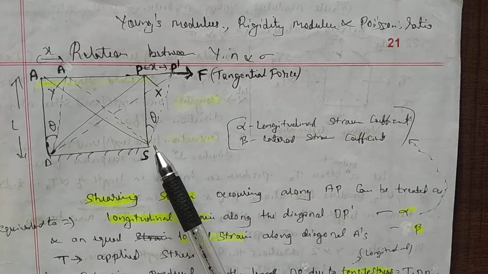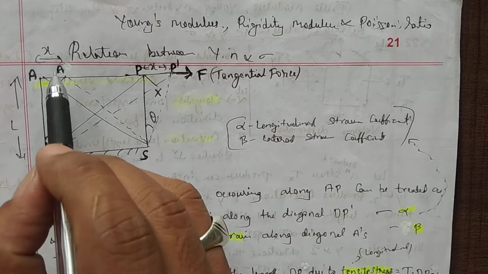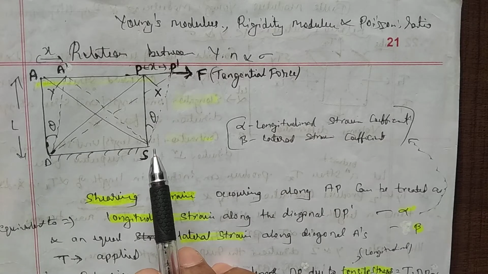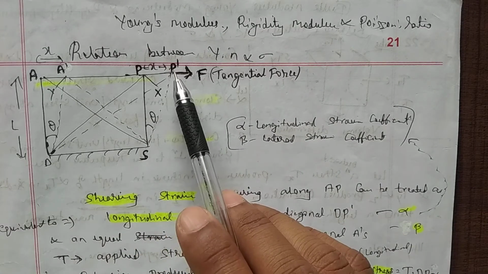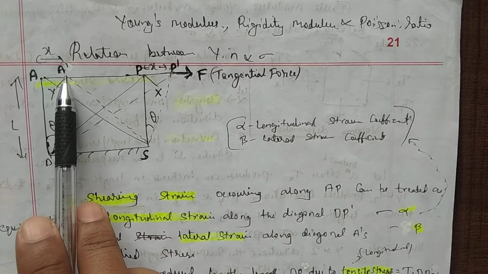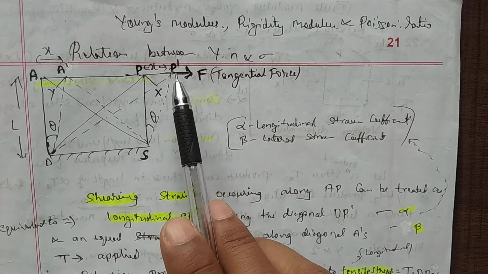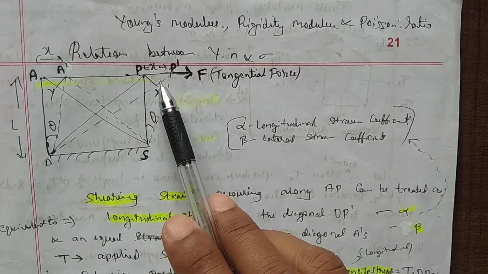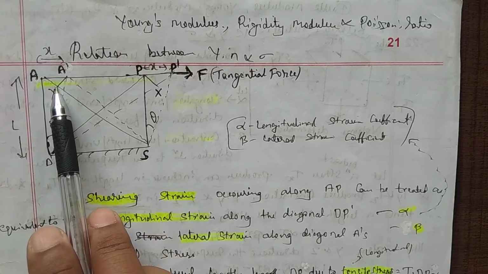Similarly the diagonal AS has a contraction, and now it becomes A dash S. Now draw a perpendicular on diagonal DP dash from P, it will meet at X. Similarly A dash Y. So P dash X is the extension along the diagonal, the elongation, and AY is a contraction.